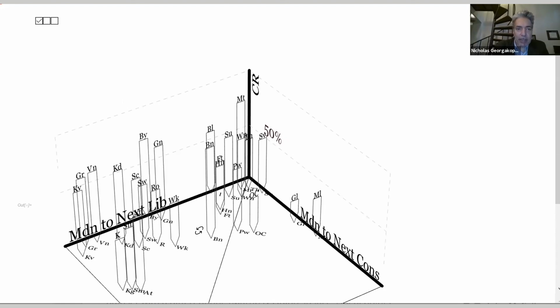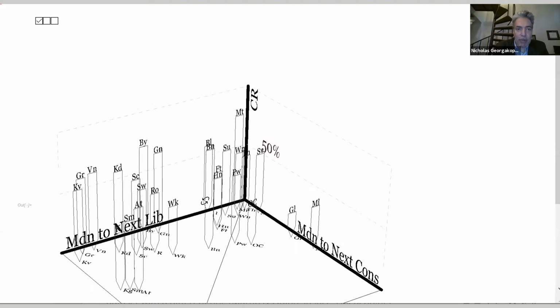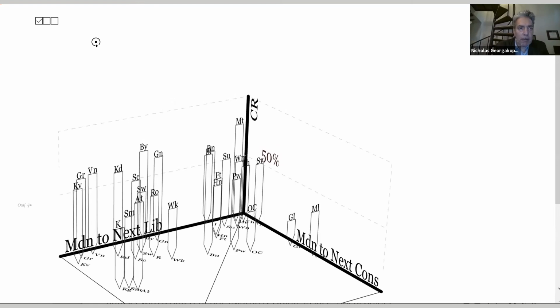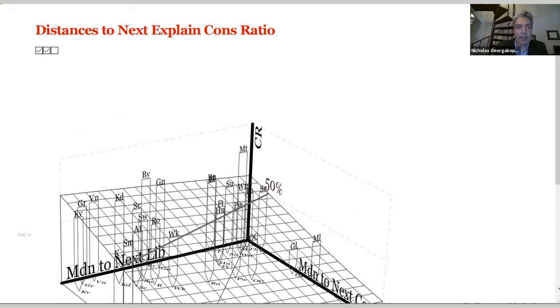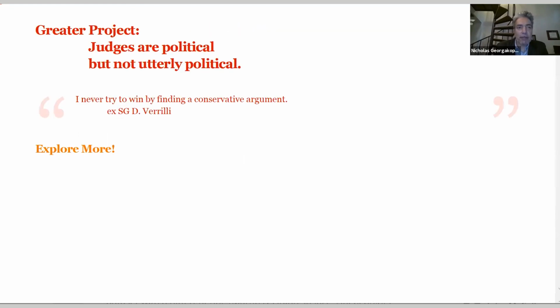I can also place on this graph now the probit surface, which is there. And since we're running out of time, and I want to open this up for conversation, I'm going to fast forward to the next graph, in which I divide the sample into those in which the justices aligned by political views.